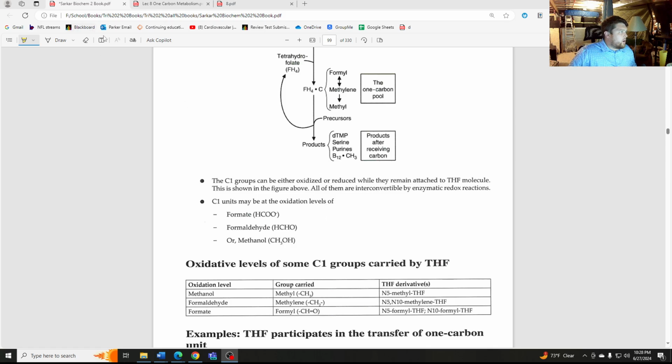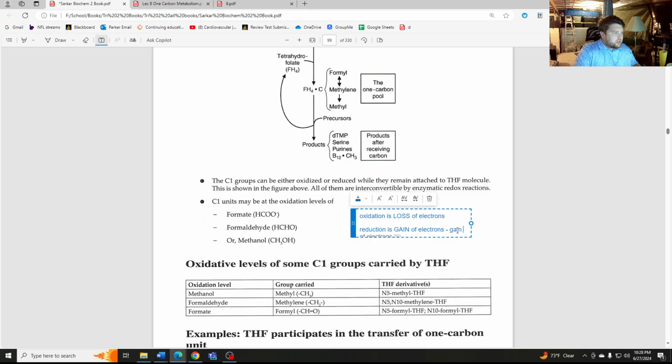Just remember our oxidation reduction. Oxidation is loss of electrons. Reduction is gain of electrons, the type of questions that we're going to do. If we're gaining electrons, we're also gaining hydrogens.